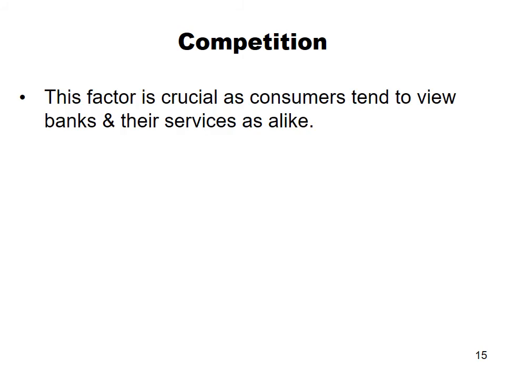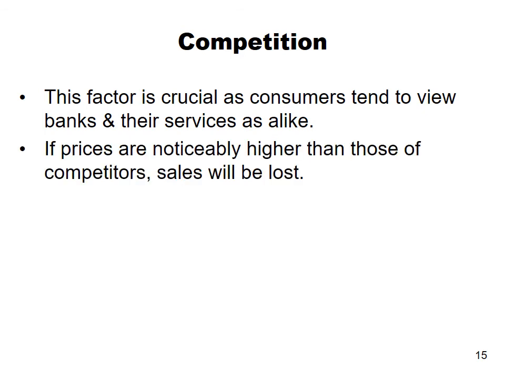Competition. This factor is crucial, as consumers tend to view banks and their services alike. Just like savings accounts for the three local banks, there isn't much difference between the savings accounts offered by OCBC, UOB, and DBS. If the prices are noticeably higher than those of competitors, sales will be lost.